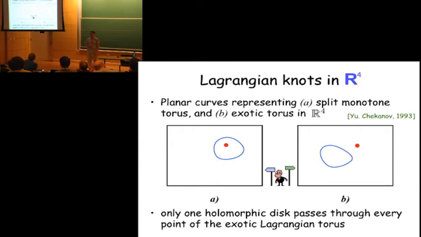Now, it's very easy for me to explain the difference between two knotted tori which have different types of knottedness according to Chekhanov. One of the tori, which is what we in real life would call the usual torus, or more correctly, it's called the split monotone torus, that we just described before in gory details, and which has two holomorphic disks in it, is represented by a one-dimensional line in this symplectic reduction that surrounds this critical point, the fixed point of the circle action.